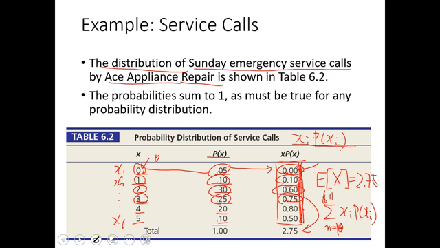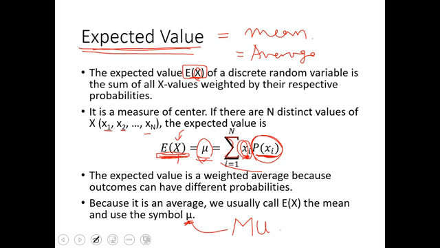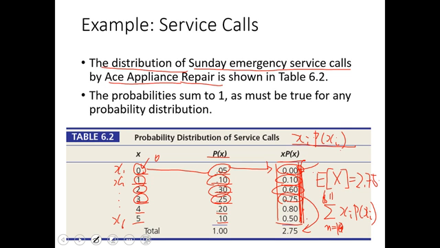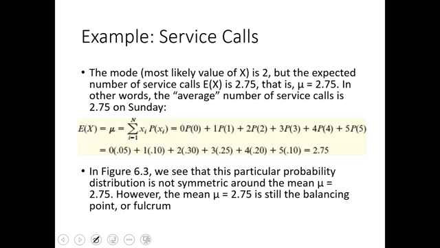So we can check this with the definition, then we obtain the mean. Here is again the mean of service calls. X is 0 times probability of 0, 1 times probability of 1, and so on, and 5 times probability of 5. So we apply these values, then we obtain 2.75.